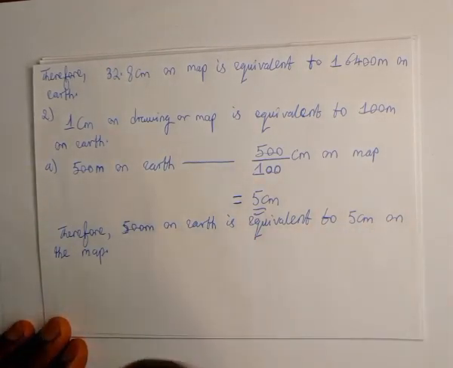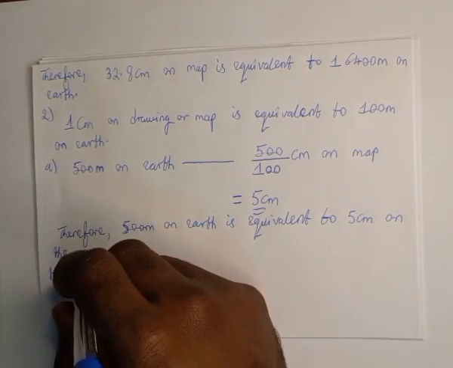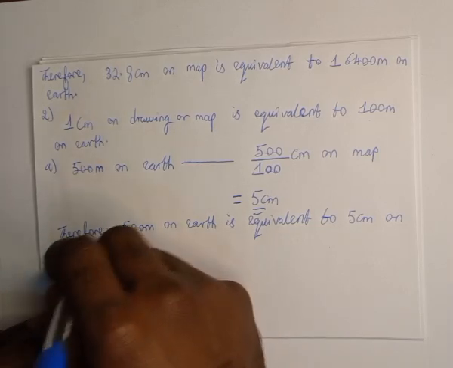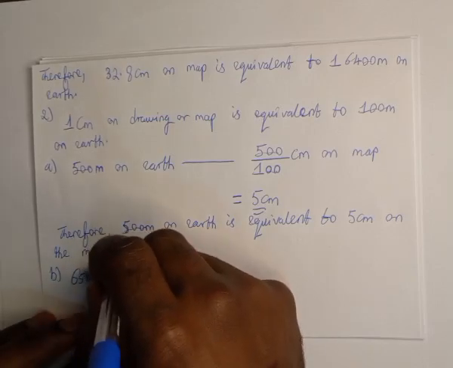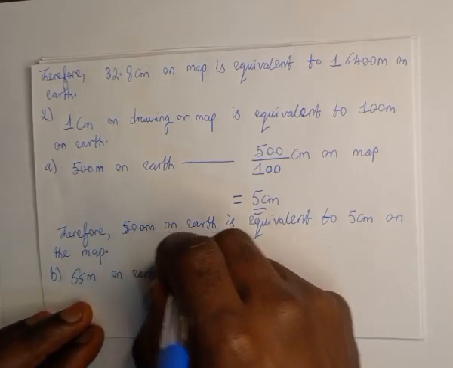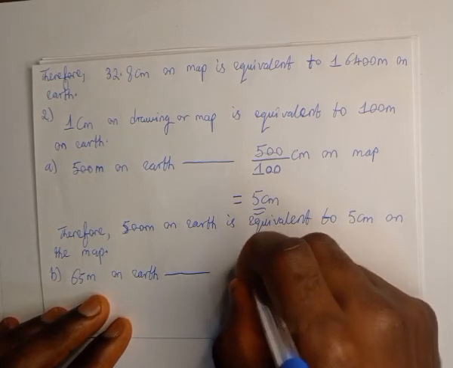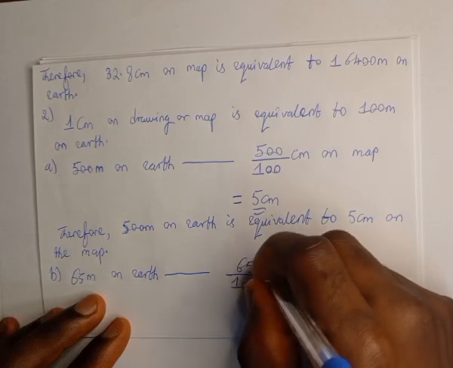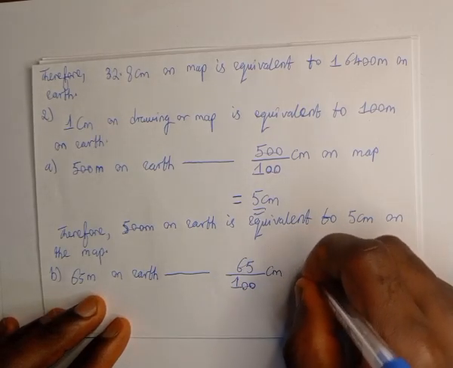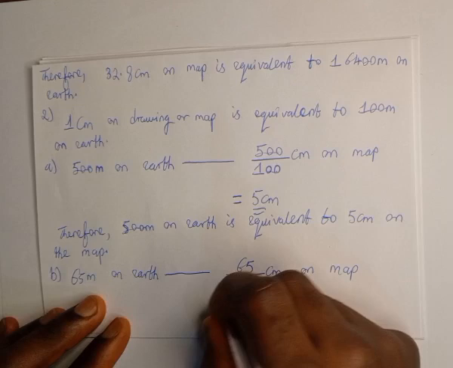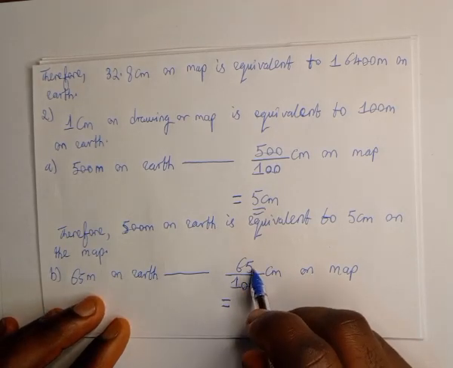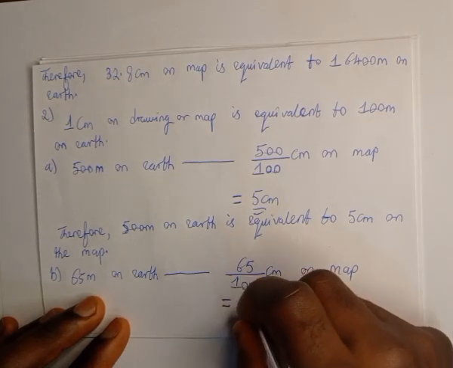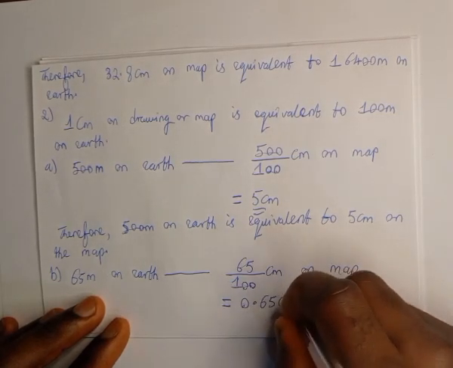We go now to question B. For B, we have to find the length on the map represented by 65 meters. So 65 meters on Earth will be equivalent to, you're going to divide 65 by 100. The unit will be centimeters on map. And this will simply be equal to 65 divided by 100, you're going to take the decimal point 2 places to the left, gives us 0.65 centimeters.